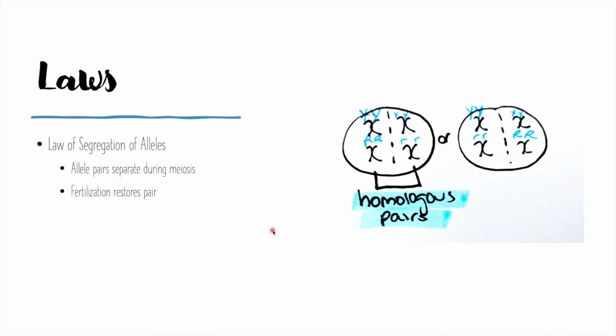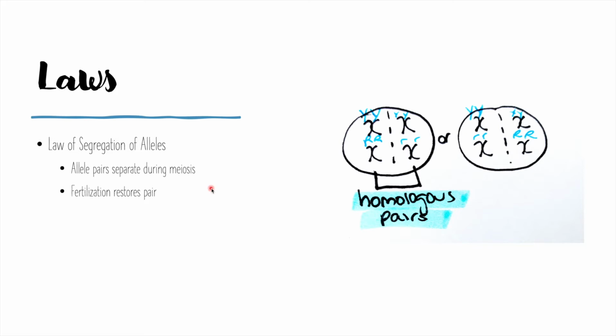First, the law of segregation of alleles states that allele pairs separate during meiosis. Recall that meiosis is the process that produces gametes, and the allele pairs are restored in fertilization. Like we talked about in the last unit, meiosis produces haploid cells, and fertilization restores the diploid number.